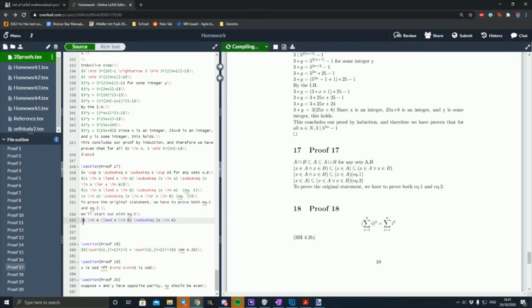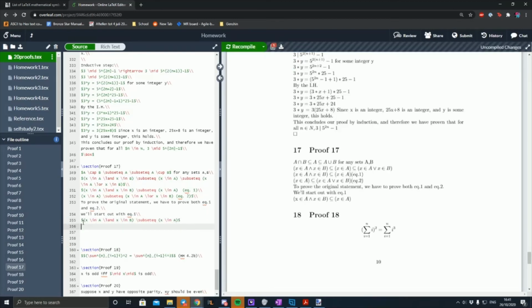That's this one. So x in A and x in B is a subset of x in A. And with the definition of subset, that means for every x, if x is a part of the first thing, then x part of the second thing. So we can just replace this with a right arrow.